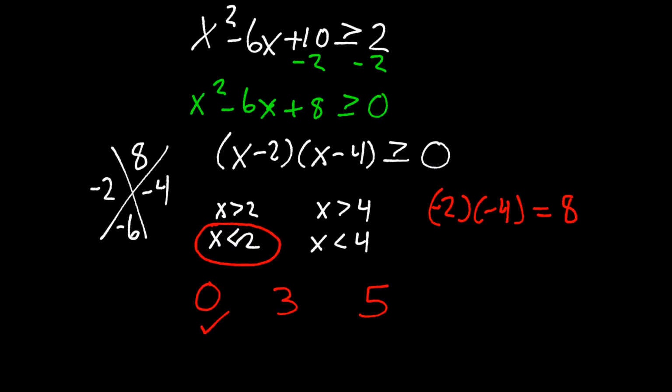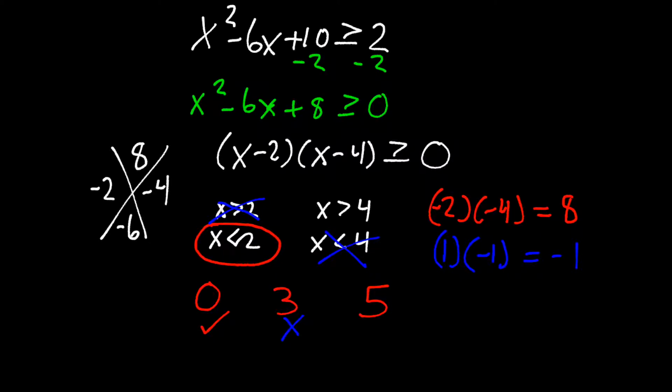If I put a 3 in there, I get 3 minus 2, which is 1, times 3 minus 4, which is a negative 1. That gives me a negative 1 as my answer. Negative 1 is not greater than or equal to 0. So 3 does not work. So I know that I can't be bigger than 2, and I can't be smaller than 4.